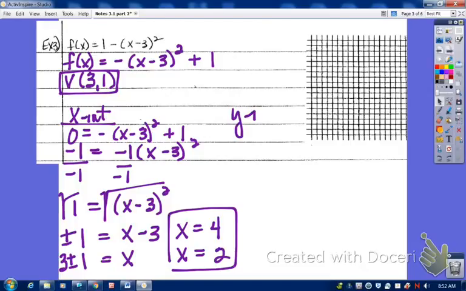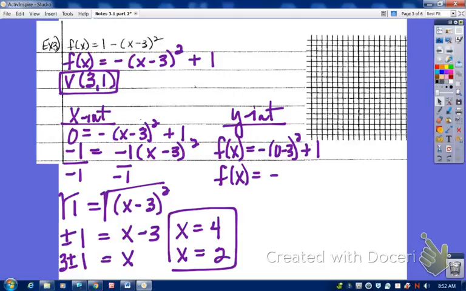All right, to find your y-intercept, what do you let go to 0? Your x. So you have f of x equals negative (0 minus 3) squared plus 1. Follow Please Excuse My Dear Aunt Sally, and do the parentheses first. Then what would I do next?